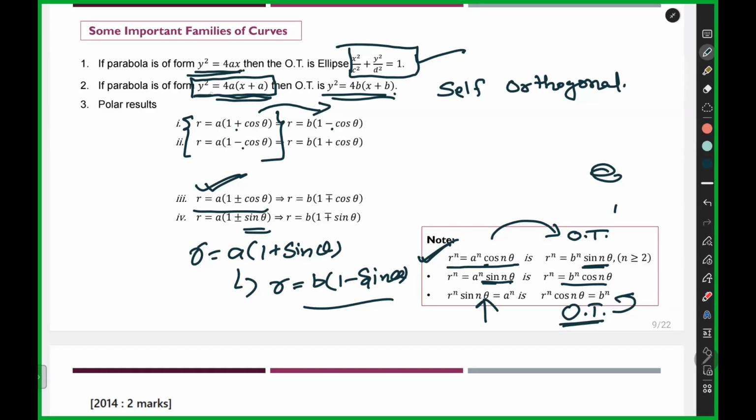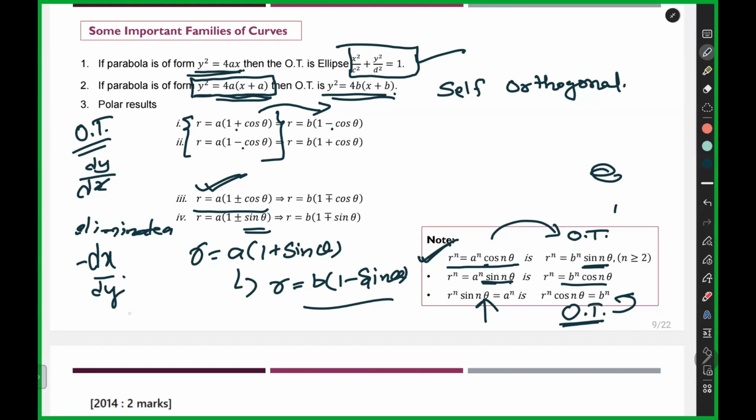And if we find the orthogonal trajectory with respect to this, the procedure is we have to find dy by dx, then you have to eliminate a, then you have to replace dy by dx by minus dx by dy, you get a new differential equation.